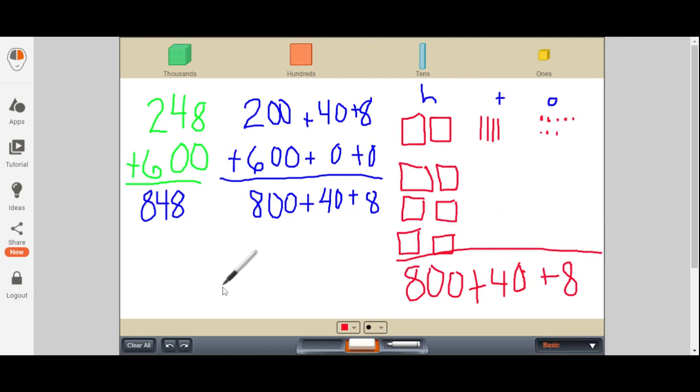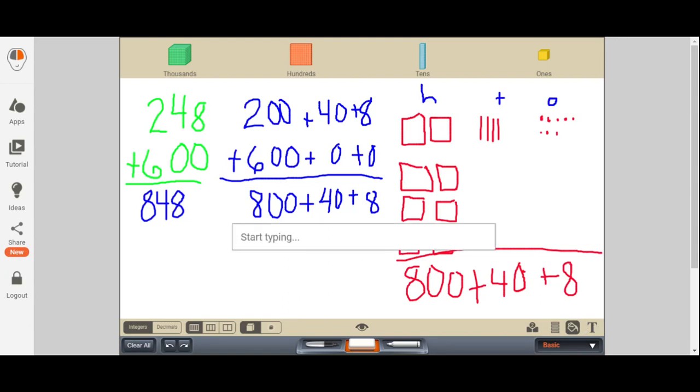You choose what works better for you today. If you use mental math, I am going to ask that you show me some text, and it may say something like this. I know 200 plus 600 equals 800.